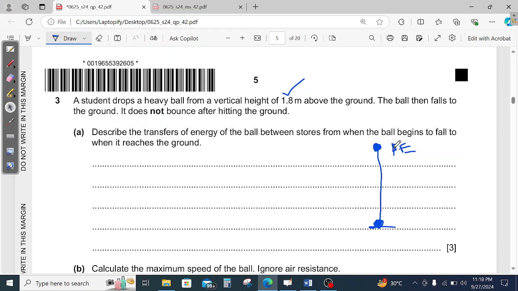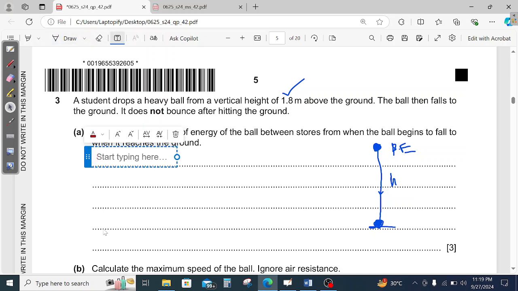And when the body starts to fall vertically downward from this height, this potential energy converts into kinetic energy, and when it hits the ground, then due to collision sound is produced and heat energy is also produced. As a result, this kinetic energy during motion is converted into sound and heat energy. So you have to write all these things.